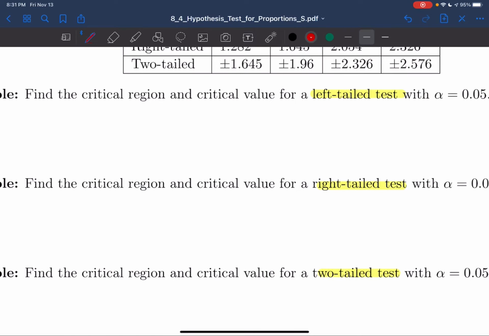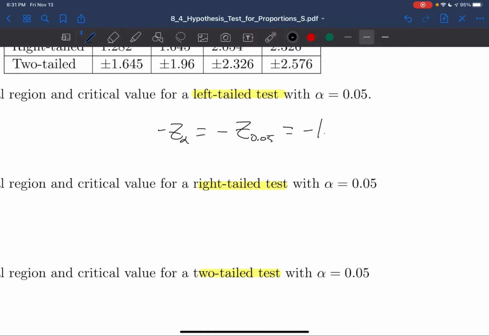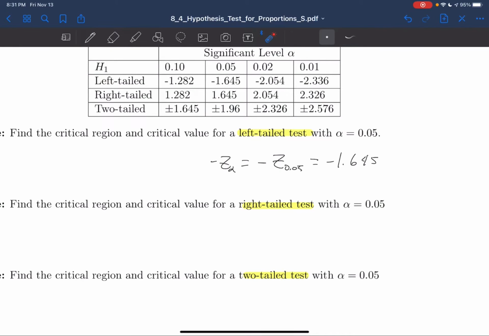So here we have, sorry, negative z of alpha will be negative z of 0.05, which is negative 1.645. And again, I got this value from our chart.